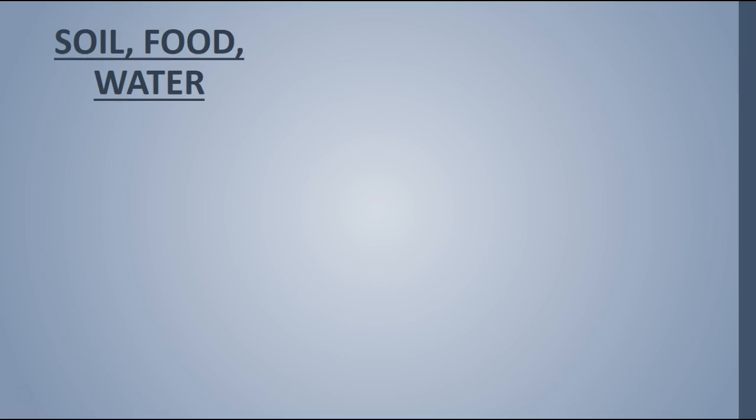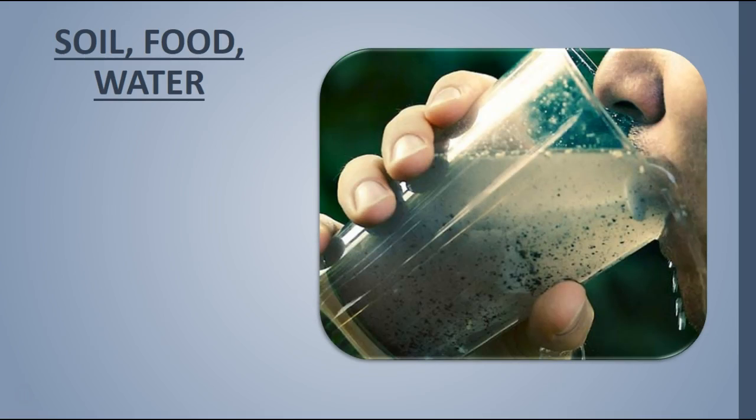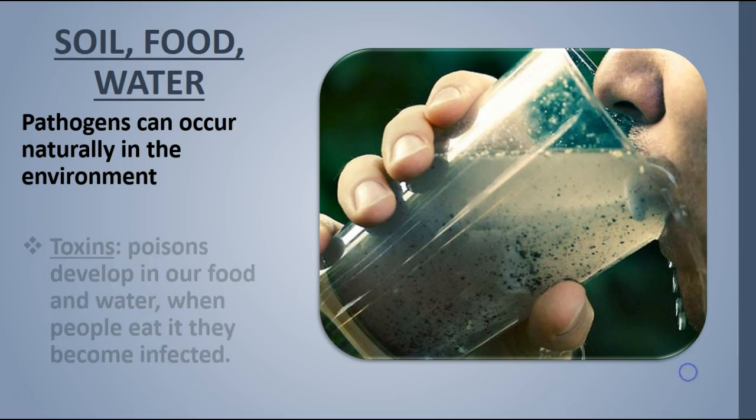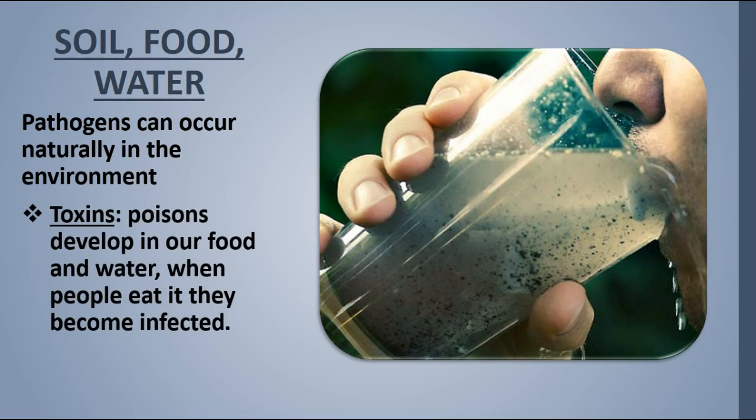Now, the other way that disease can spread is through food, water, and soil. And so pathogens occur naturally in the environment, in food, in soil, and in water. And these pathogens can cause toxins that are poisons which develop in our food and water.